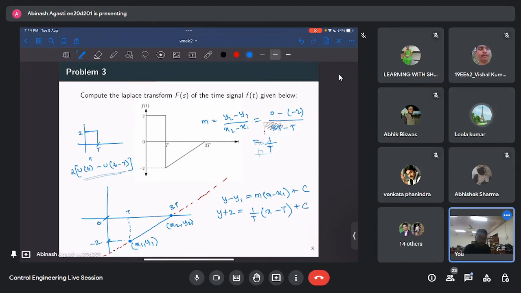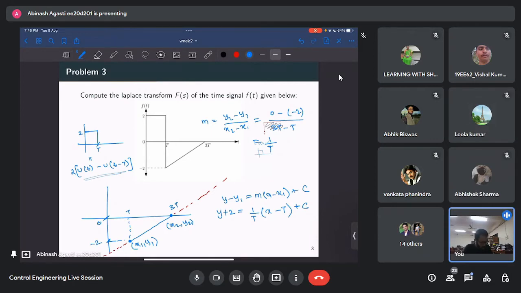So y plus 2, how did you get that, sir? y minus y1, y1 is minus 2, correct? Yeah. So minus minus plus it came. 1 by t you have put. x minus x1 is t. x1 is t. Yeah.